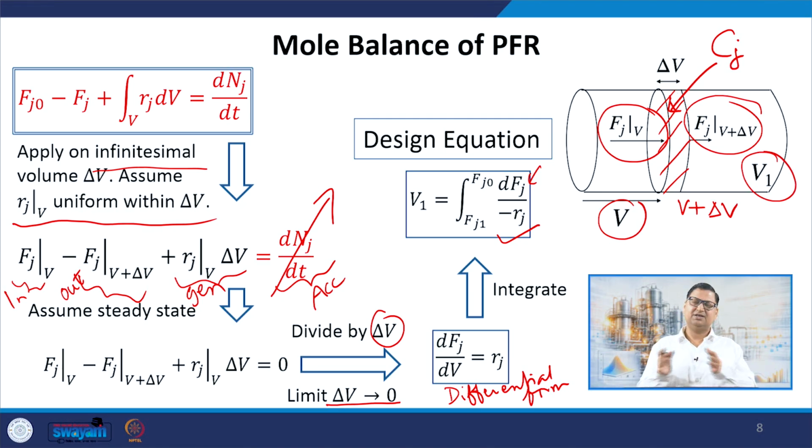Typically what we are doing is the concentration is changing along the length. So, we define the concentration as a function of V along the length of the reactor, unlike the case of a CSTR where the concentration inside the CSTR was uniform. In this case it is changing, and therefore, it is dependent on this variable V.